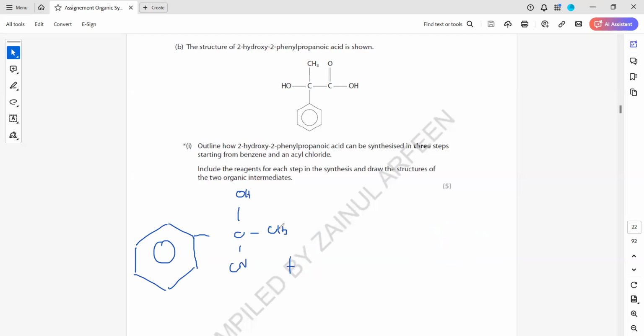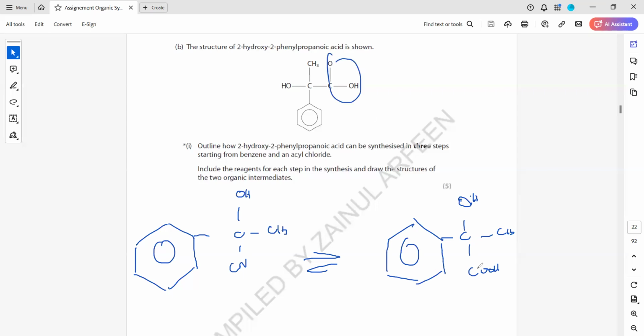When we do acid or base hydrolysis, the nitrile group will convert into carboxylic acid, COOH. So that is what we want: the carboxylic group, then a carbon attached here, and next to that methyl and OH groups.